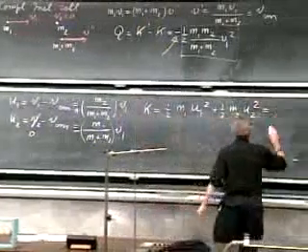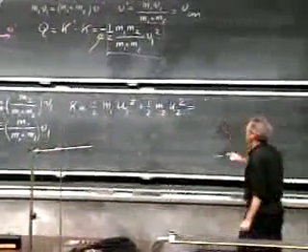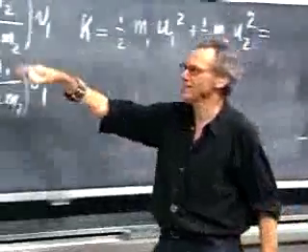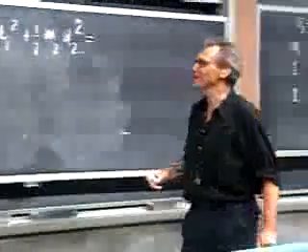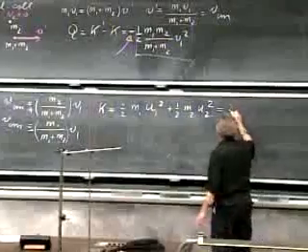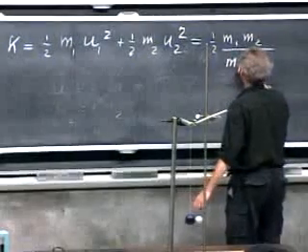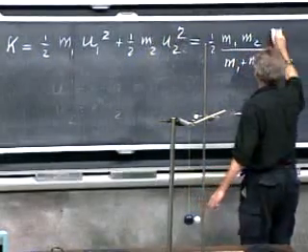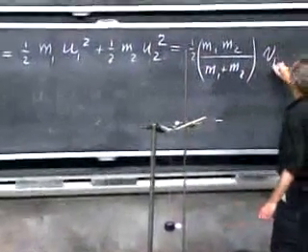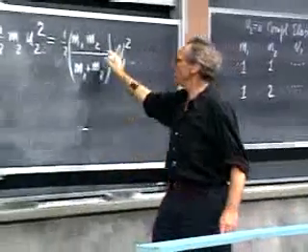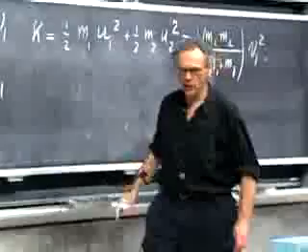Now, I can calculate that for you. You know U1 and you know U2. If there's a plus or a minus sign, it makes no difference, because they cancel anyhow. What are you going to find? 1/2 M1 M2 divided by M1 plus M2 times V1 squared. And this is exactly the same that we had there.